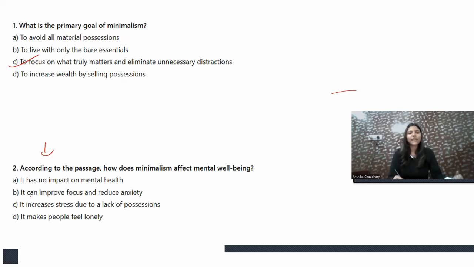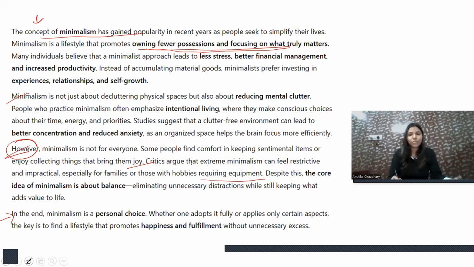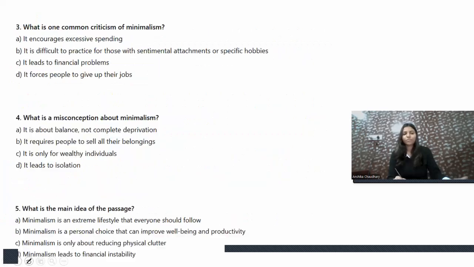It can improve focus and reduce anxiety. This is concluded from here. Studies suggest that a clutter-free environment, because we are decluttering the physical spaces and the mental states, will reduce your anxiety and make your concentration better at higher levels. So this is how you can infer it.